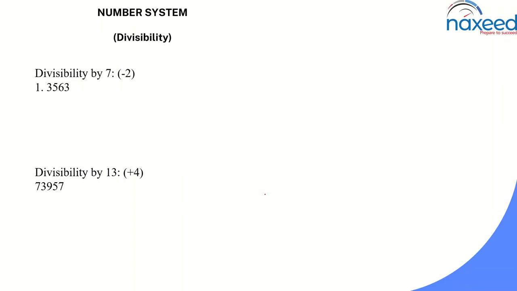Now we will check some prime factor numbers, the divisibility of prime numbers. For example, divisibility by 7. For this we have 3 steps. First step is to multiply the last digit of the number by 2.